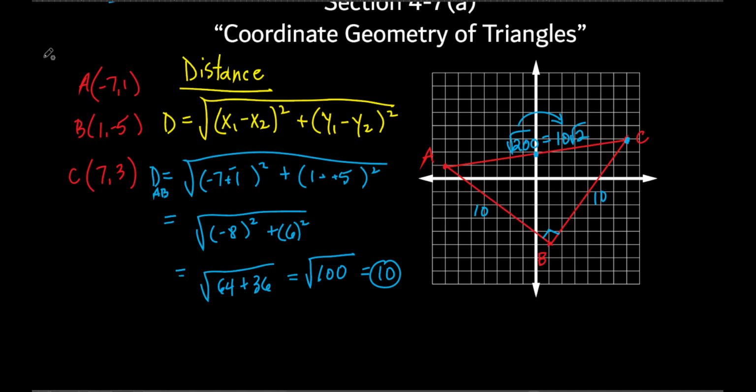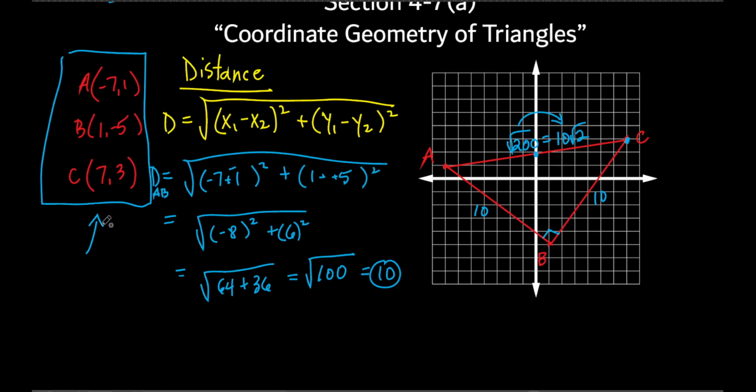Just from this information right there, I did some work on this, and I could figure out that this was an isosceles right triangle just from that information. That's coordinate geometry. Okay. And coordinate geometry is very, very useful in the math fields.